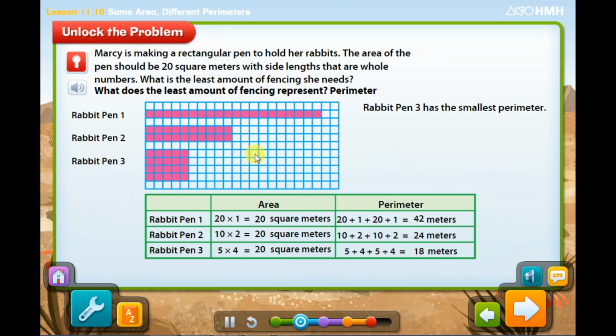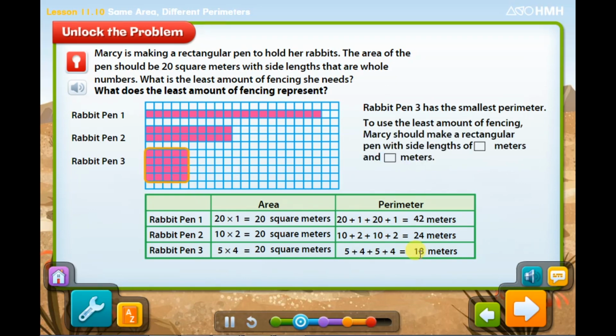Which pen has the smallest perimeter? Rabbit pen 3 has the smallest perimeter. What should the side lengths of the pen be so that Marcy uses the least amount of fencing? So the least amount of fencing means the smallest perimeter. And the smallest perimeter from the 3 here, it's 18.